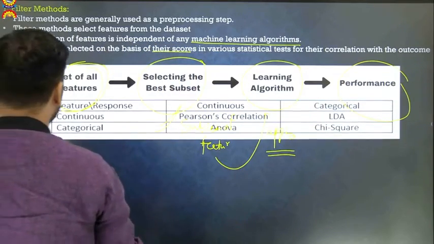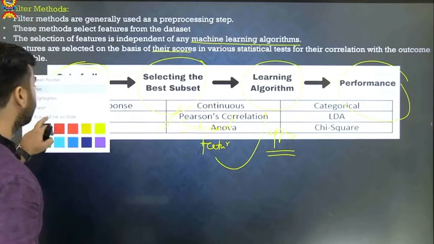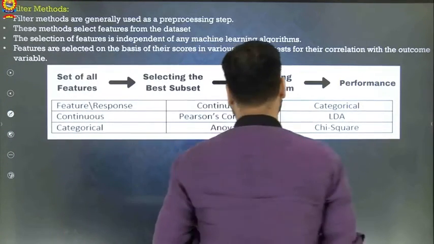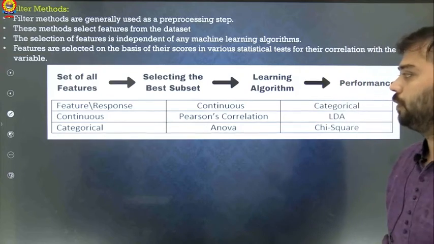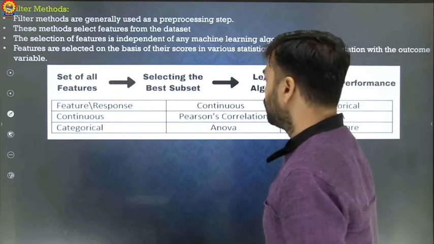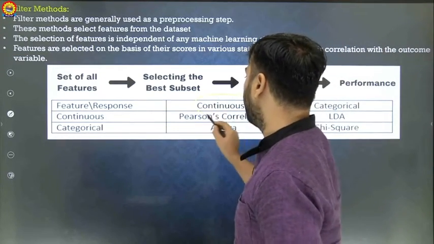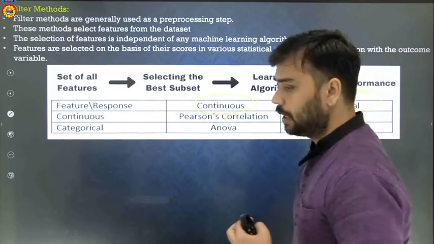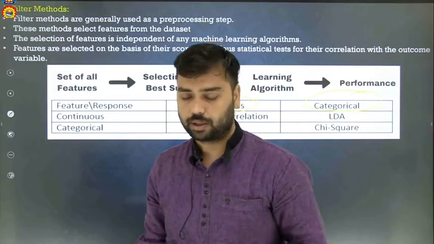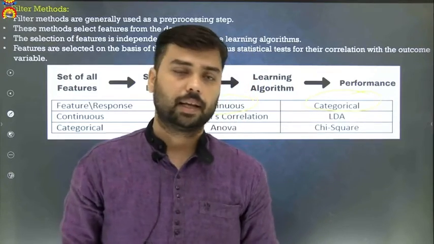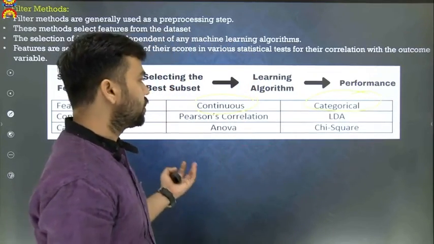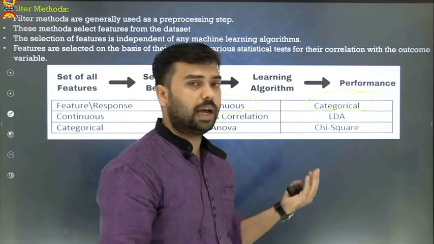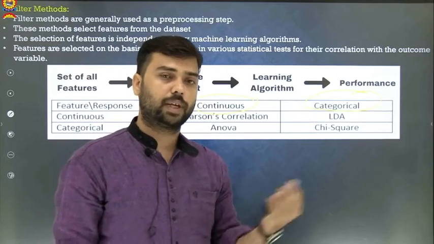So there are some general methods which we use in filtering. There are two types of feature and response. The features can be continuous or categorical. We already know what a continuous value and a categorical value are. A continuous value is a fractional value, say a value between -1 and +1 or something else.